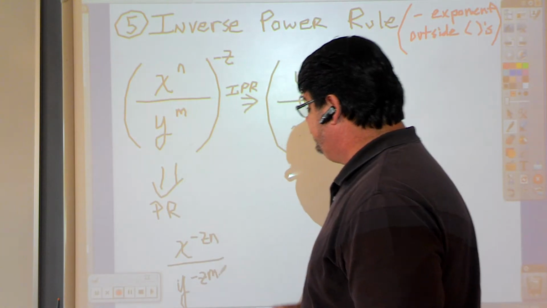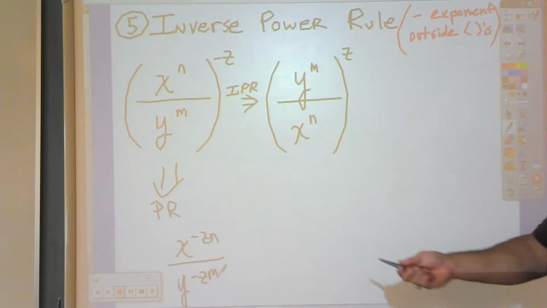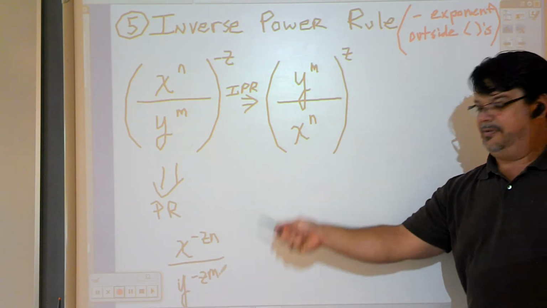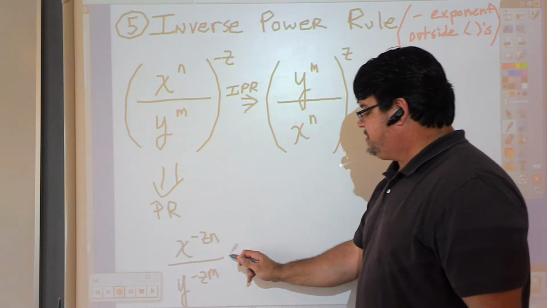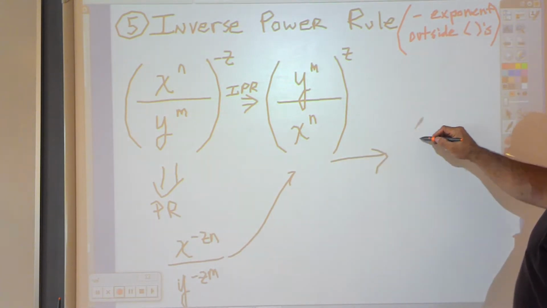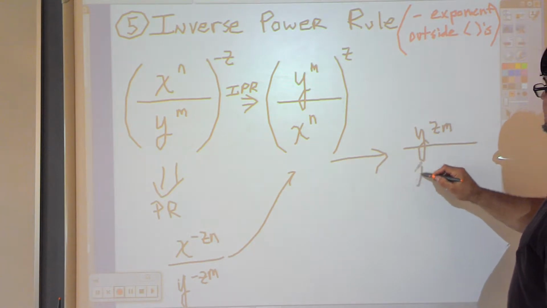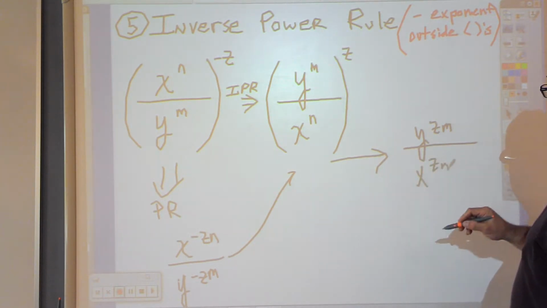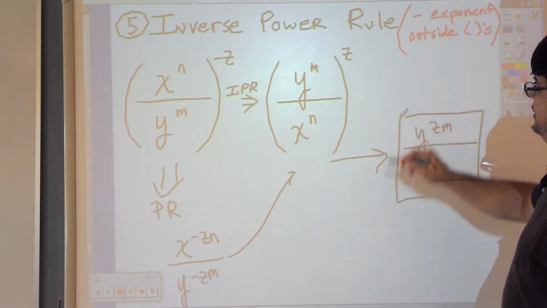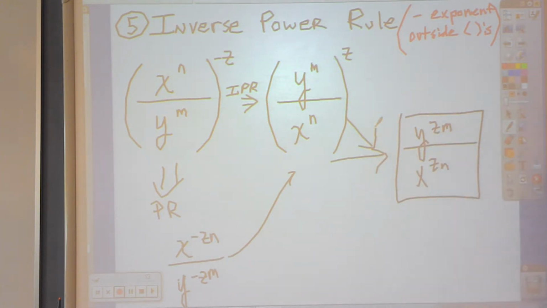And then what would I do? Flip it and make them positive. And then you get the same thing if you did this. So both of these answers will give you y to the zm over x to the what? Zn. Whichever one you do will give you the same answer.